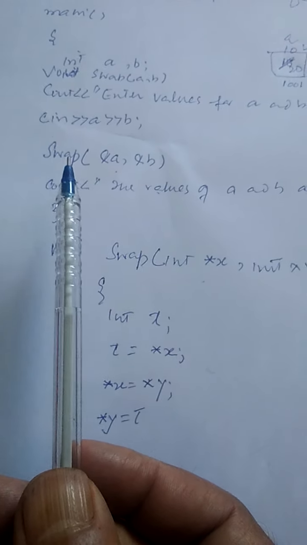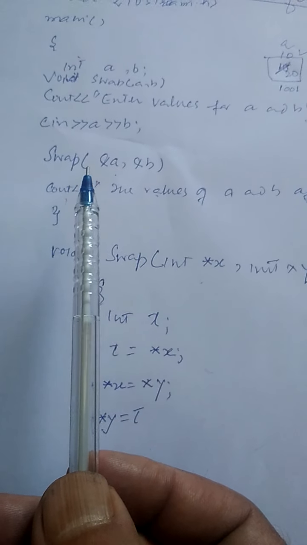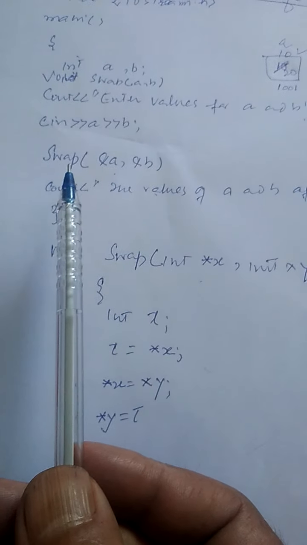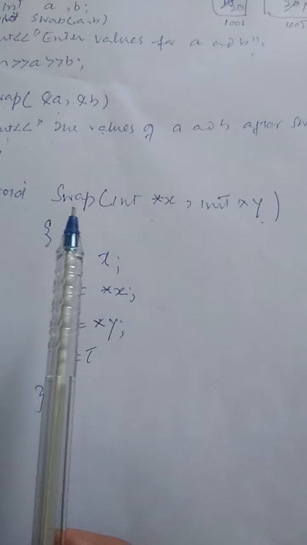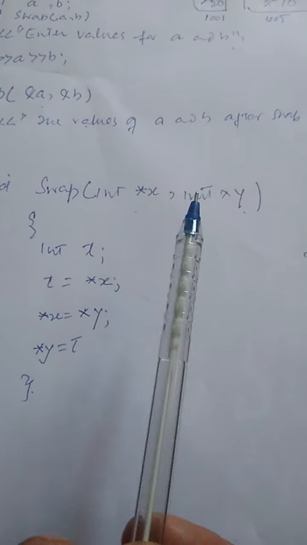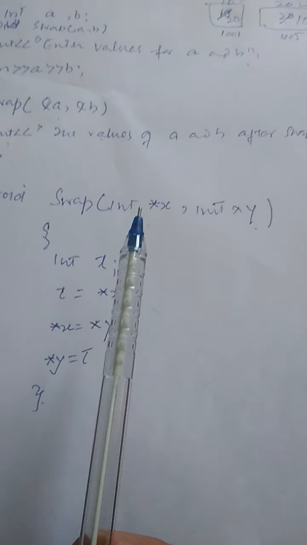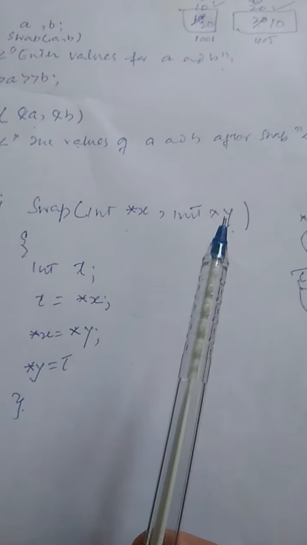The control will come to search where the function swap has been defined. After returning, it will execute this very line. First it will jump from this line to this line because the swap function has been defined over here. So swap integer star x, integer star y means integer pointer x and integer pointer y. I am declaring two pointers here, pointer x and pointer y.